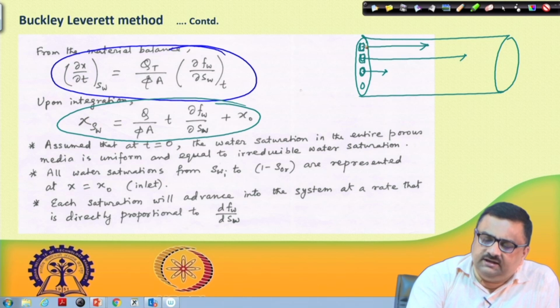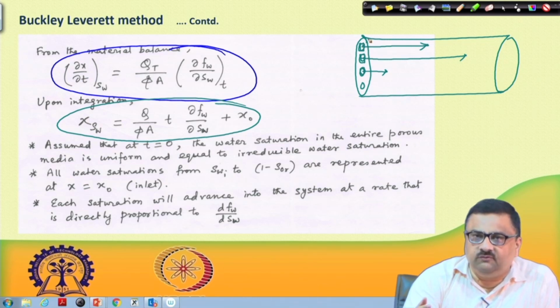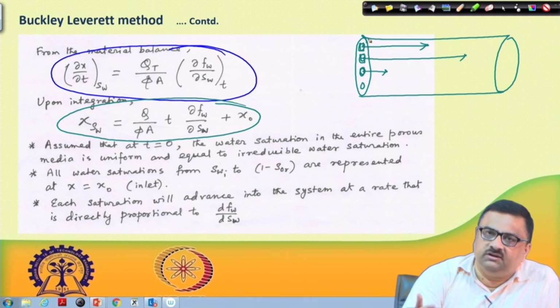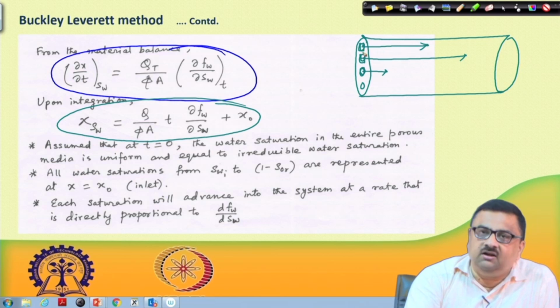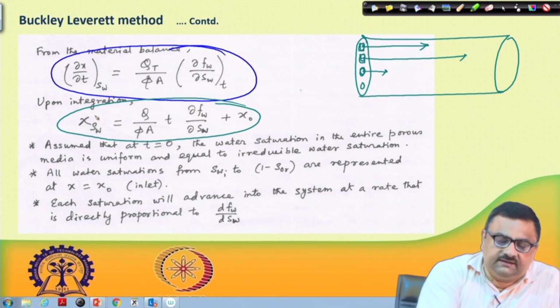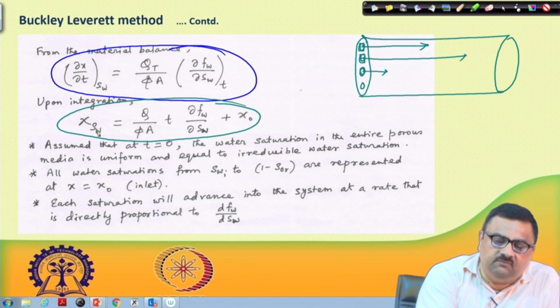So, this one maybe has a saturation value of 0.4725, one has 0.6321. Depending on the saturation, x_Sw is the distance that particular saturation Sw will travel. It depends on the del fw del Sw value for that particular saturation.